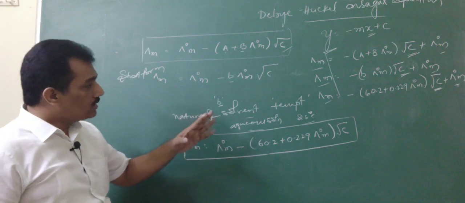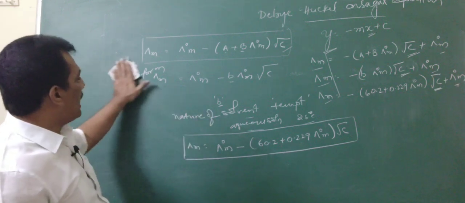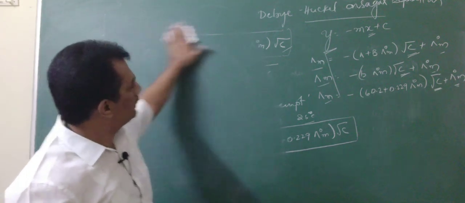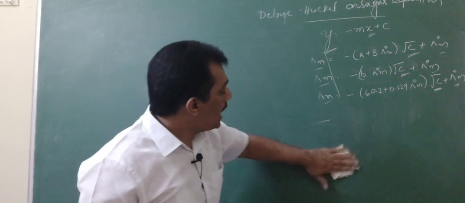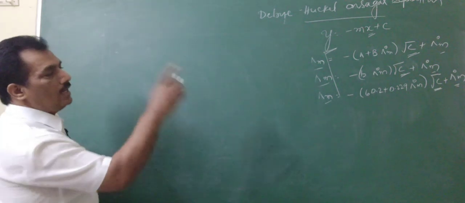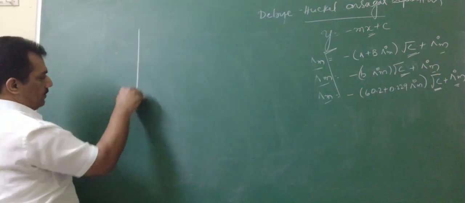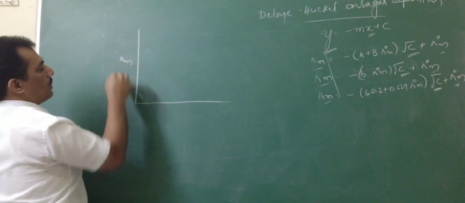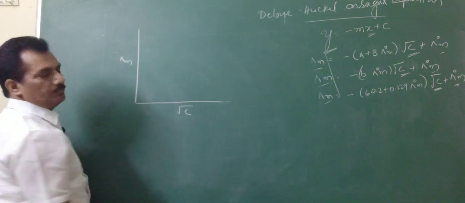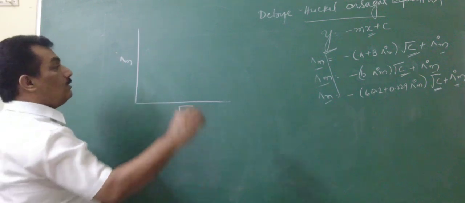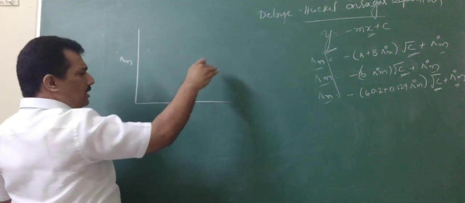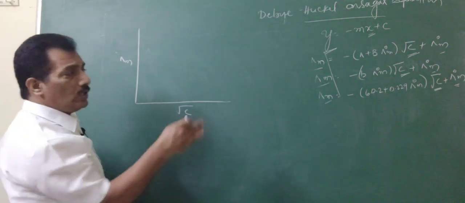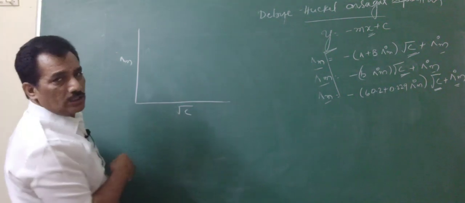So with this, when we draw the graph between lambda m and root C, again let me draw the graph. It is lambda m and it is root C. And for strong electrolyte, let me draw only two, because thereby we can understand the concept of the Onsager equation.